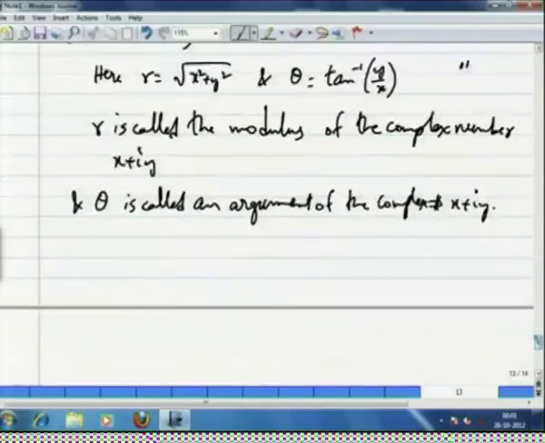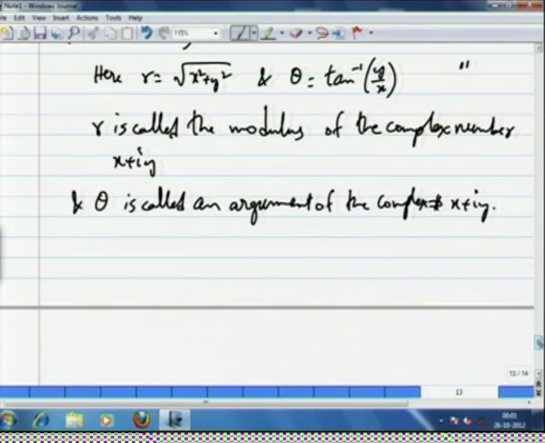So, given any one value of theta between 0 and 2 pi, any addition of an integral multiple of 2 pi to that angle still satisfies x equals r cosine theta and y equals r sin theta. So, there is that lack of uniqueness.